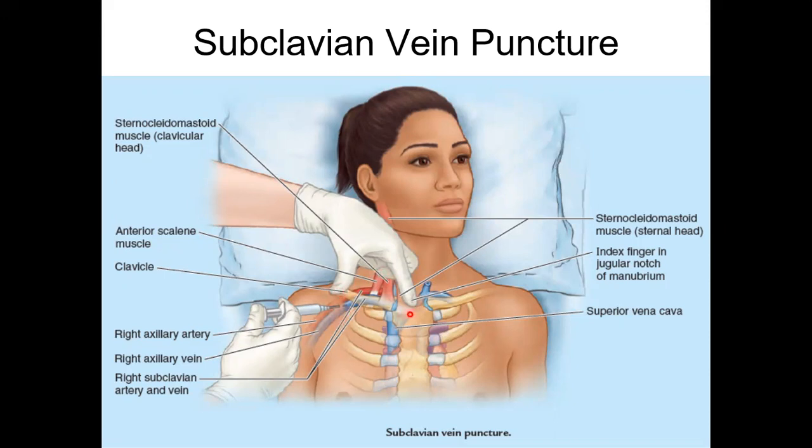Because we know our anatomy, we know that the subclavian vein is going to come from that middle third of the clavicle. So we can use anatomy to get venous access for putting in drugs that need to go directly into the blood supply of your patient.